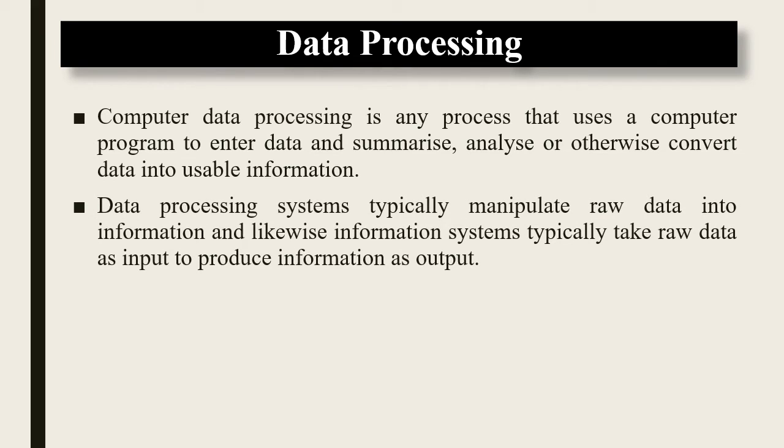Data processing systems typically manipulate raw data into information, and likewise information systems typically take raw data as an input to produce information as an output. So data processing refers to methods that take the raw data and turn it into usable information.